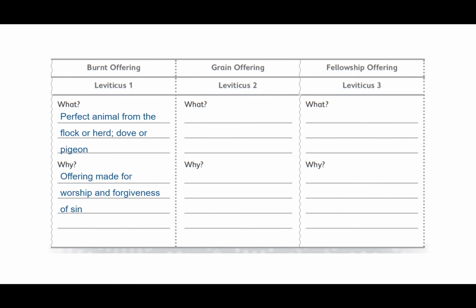So for the what section of our chart, we want to write that they brought cakes or wafers made from fine flour without yeast. If you notice, I bolded the words fine flour and without yeast whenever it was spoken in the scripture. That was very important to God, that they made it with fine flour and without yeast.